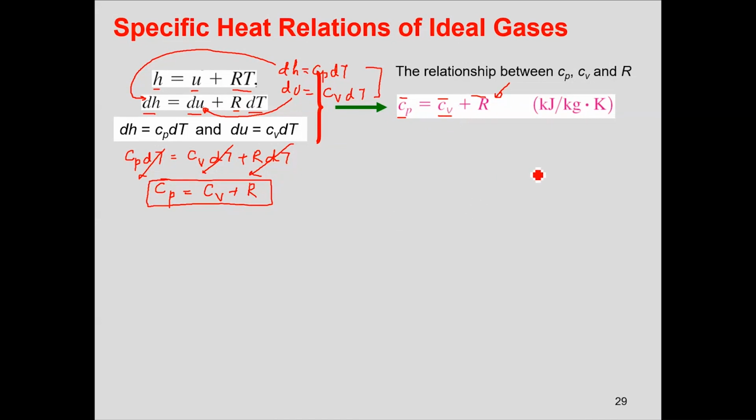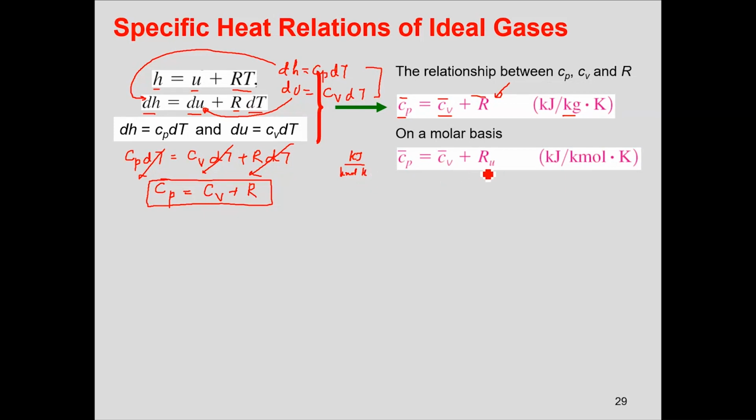So this is when you are expressing things in terms of per kg. R, if you remember, is for a specific gas and it is expressed per unit kg. If the same expression is to be expressed per unit mole, you will have Cp with a bar on top of it, which means kilojoules per kilomole per Kelvin or per degree centigrade.